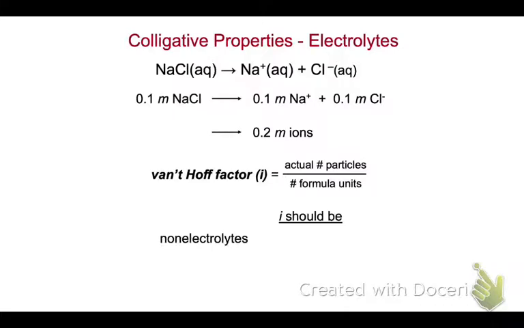If I have a non-electrolyte, it doesn't dissociate. So for every formula unit, you have one particle, so i equals 1. However, for sodium chloride, every formula unit will give you 2 particles, so i equals 2. For calcium chloride, every formula unit will give you 3 particles, so i equals 3.